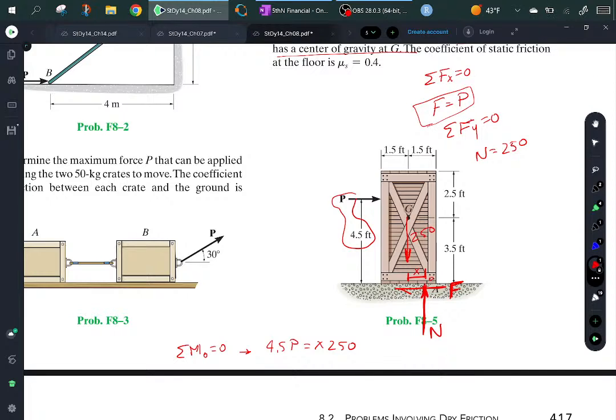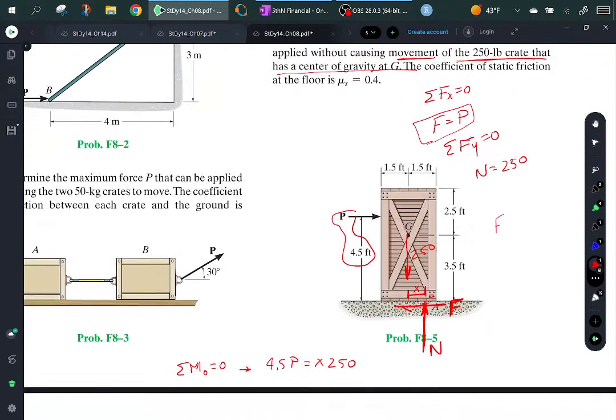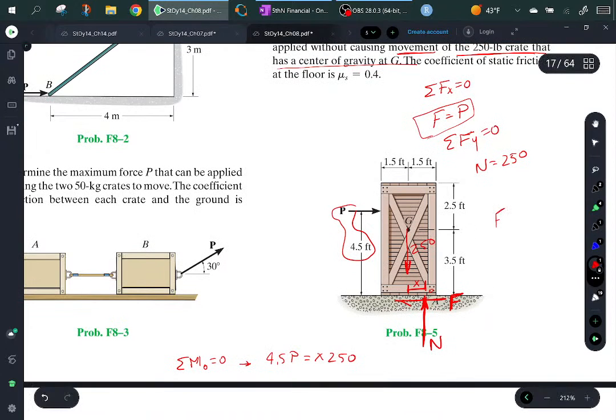or wait a minute, what did you say P was? The maximum force of P, okay. So F is going to equal the minimum of, let me give myself a little bit better space.